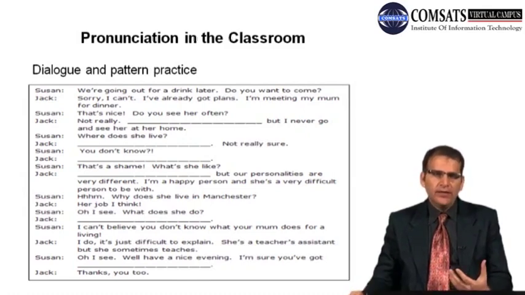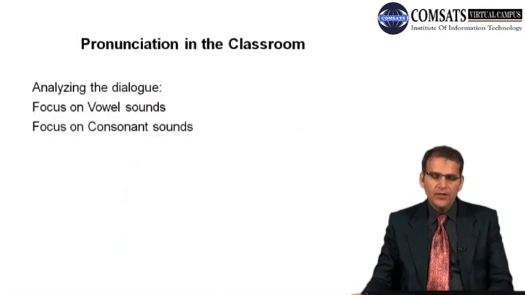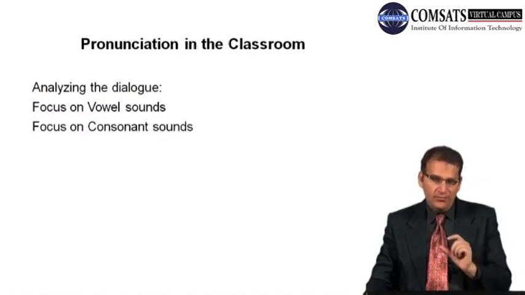So you can practice this dialogue. How can we practice it, particularly in the speech context, this pronunciation context? You can analyze the dialogue. In analyzing, you can find out which are the stressed words, which are the unstressed words, which are the contracted words, which are the full forms, right? Where is the question tag, right? And of course, where is the short form, where is the strong form, right?